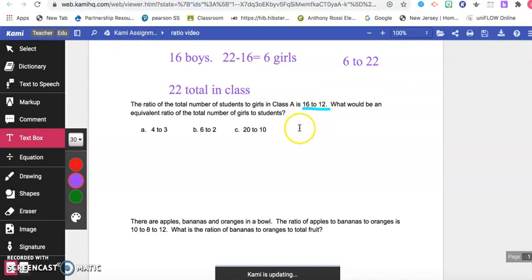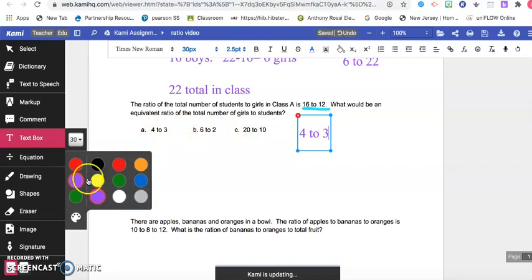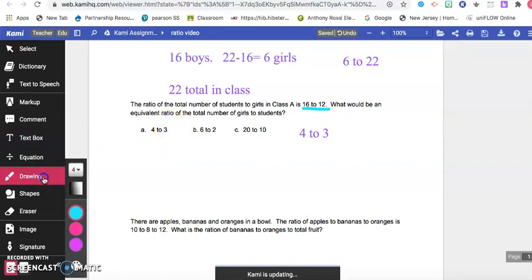If I divide 16 by 4, I get 4. If I divide 12 by 4, I get 3. So I'm going to look at my answer choices, and sure enough, answer choice A gives me 4 to 3. So an equivalent ratio to 16 to 12 would be 4 to 3. And as you can see, I'm just reducing my ratio.